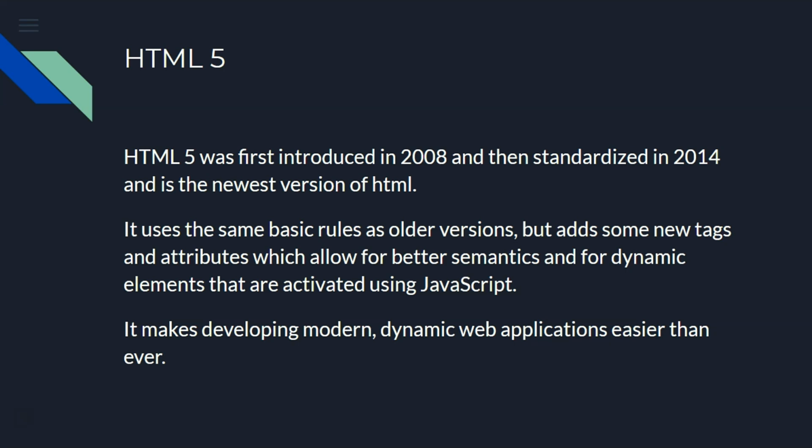Anyway, HTML5 uses the basic rules as older versions, but adds some new tags and attributes, which makes it a lot easier. It's just easier than ever to create web applications.